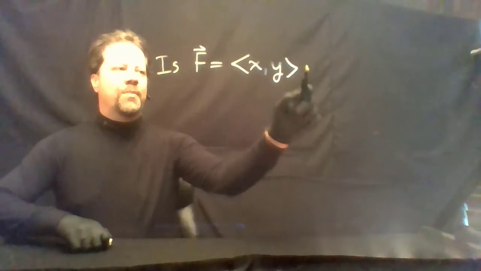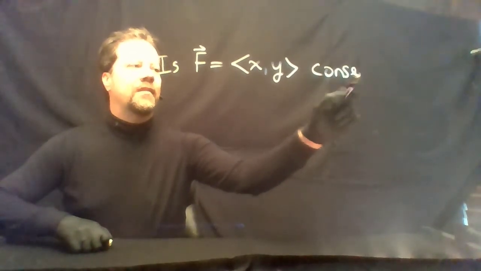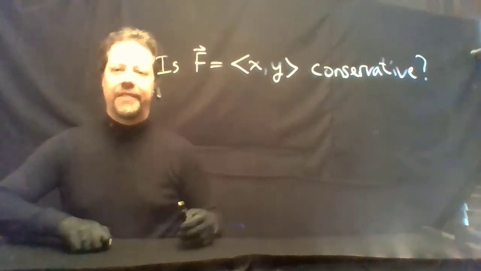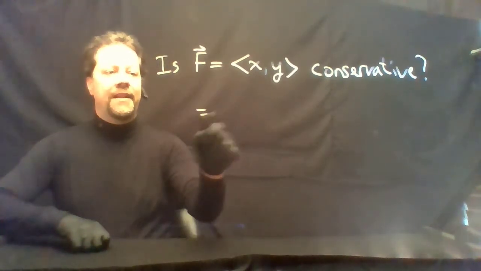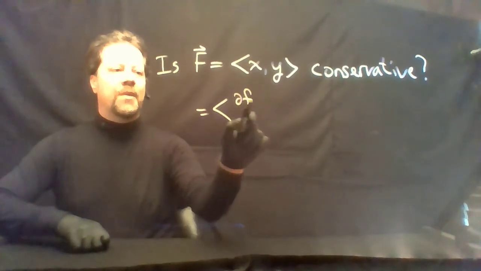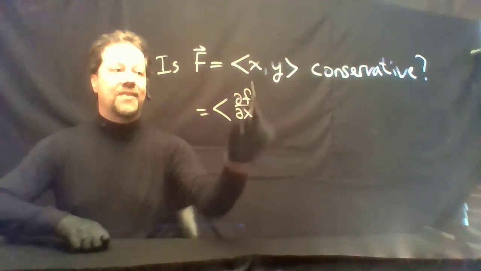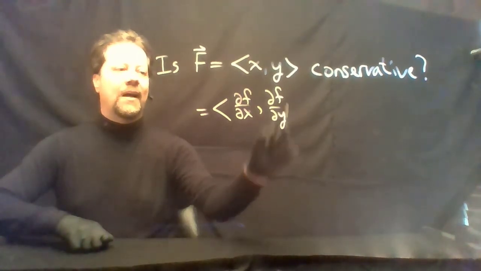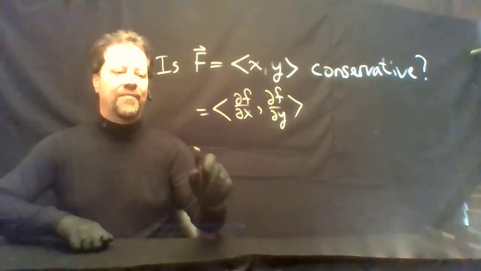Is the first prototype conservative? Well, if it is, then it's of the form the partial derivative of f with respect to x equals x, and the partial derivative of f with respect to y equals y.